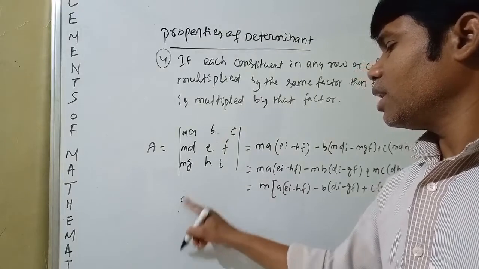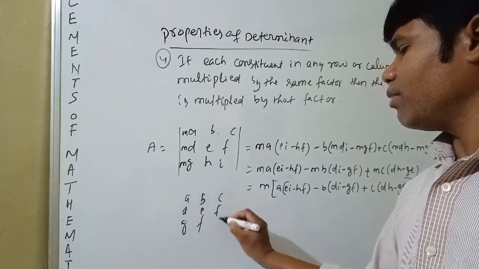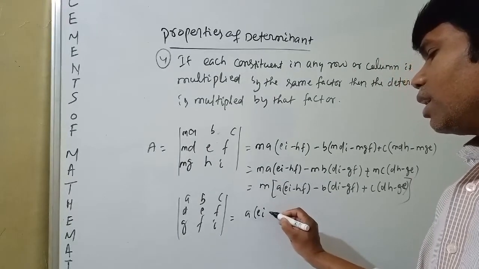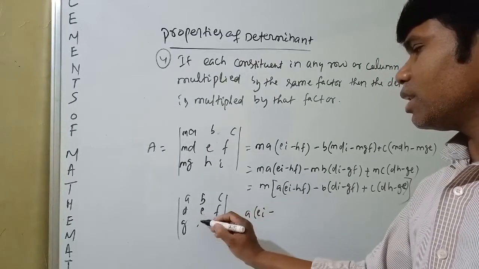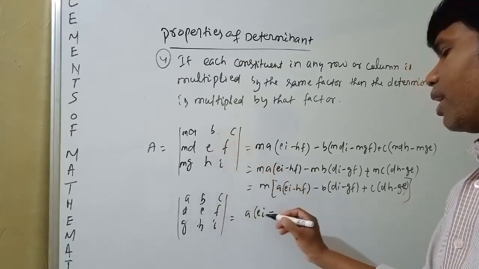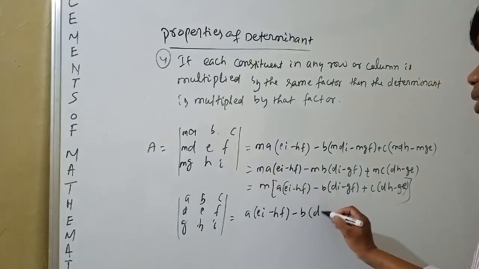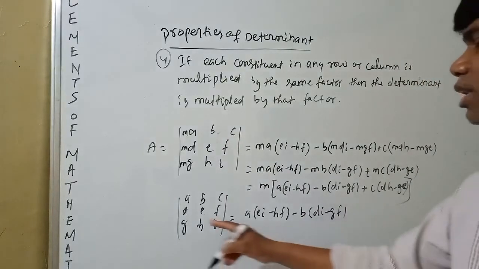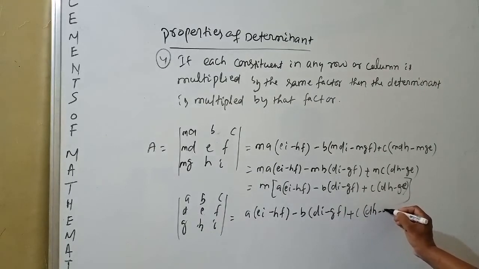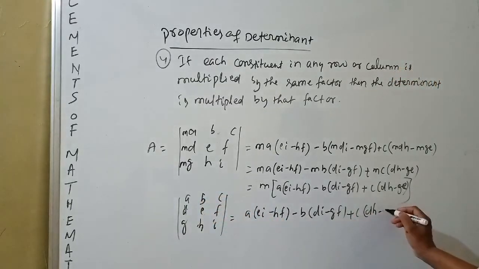Now you find the determinant with rows ADG, BEH, CFI, which is equal to A into (EI minus HF) minus B into (DI minus GF) plus C into (DH minus GE).